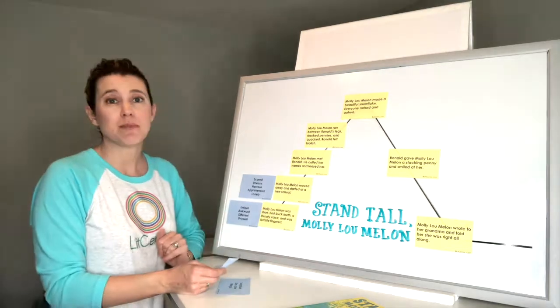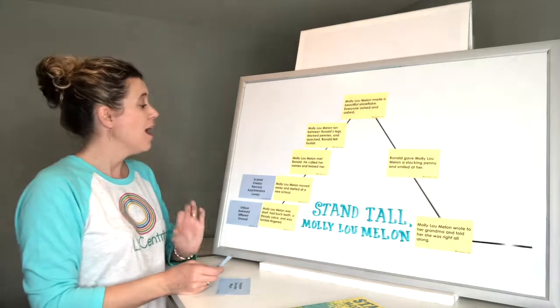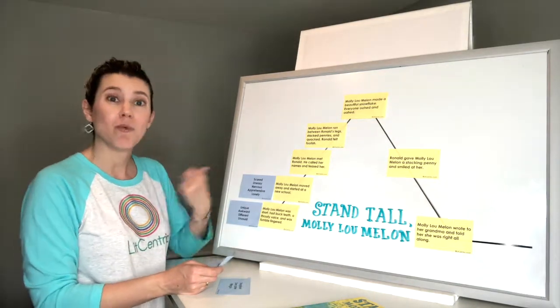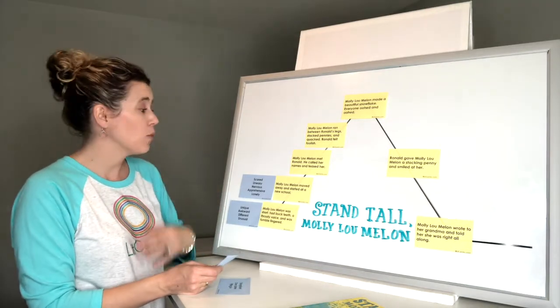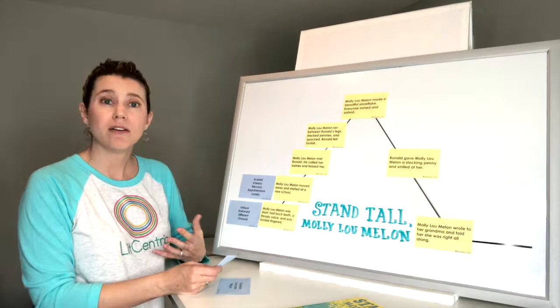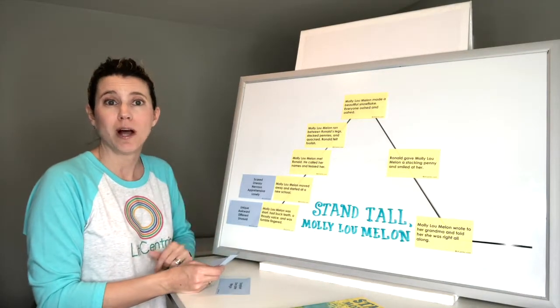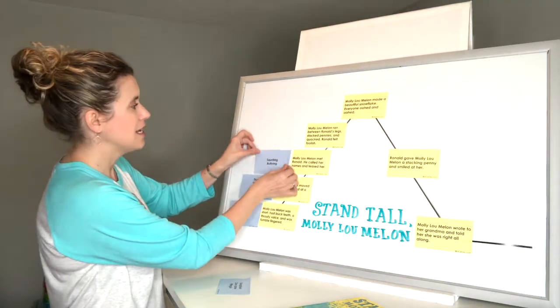Some of these words my students would come up with, like scared or lonely or nervous. Not very often would they come up with a word like apprehensive. That's my word that I'm adding onto the chart, so that anytime they hear words like nervous and scared, maybe that word apprehensive will come up and they'll use it on their own, and now that word will become part of their vocabulary.